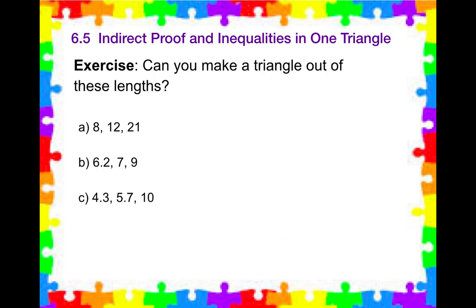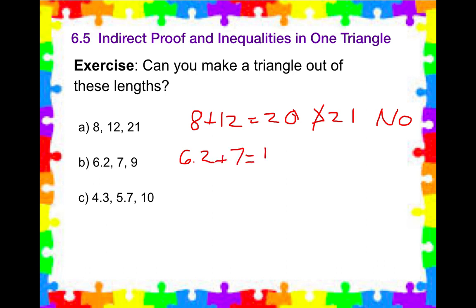So let's look at these lengths. 8, 12, and 21. 8 plus 12 is equal to 20, and 20 is not greater than 21. So this is a big fat no, you can't do it. Over here, on the second one, I have 6.2 plus 7 is 13.2, which is greater than 9.